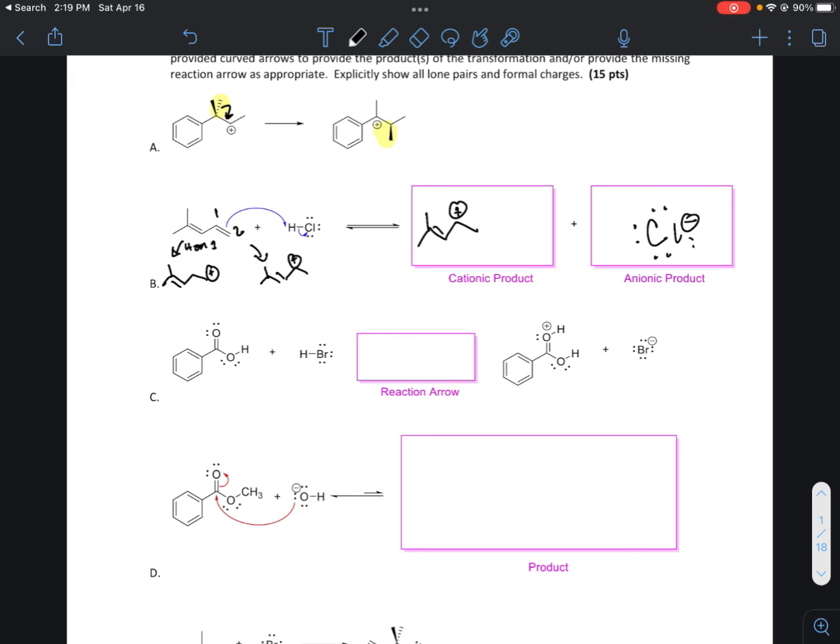I know that carboxylic acids are normally 5. HBr is negative 9. On the other side, the acid will be this, which is negative 2. Between these two, HCl will be the acid, and this will be the base.